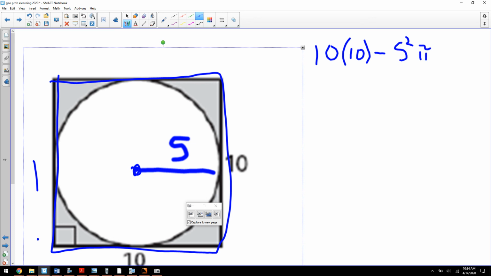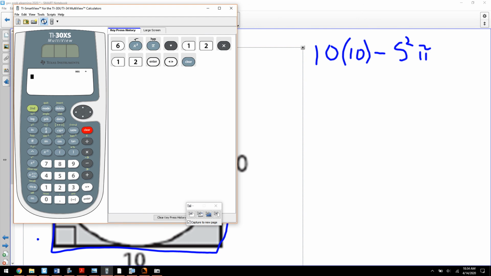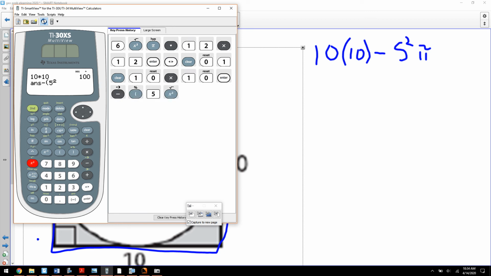So when I type that in my calculator, 10 times 10, and then I have to subtract parentheses 5 squared pi. You have to put that secondary part in parentheses because you have the multiplication of pi. So your numerator is some ugly number.